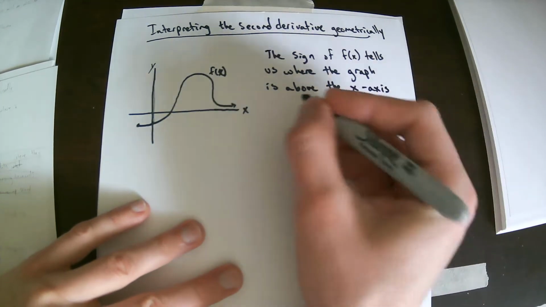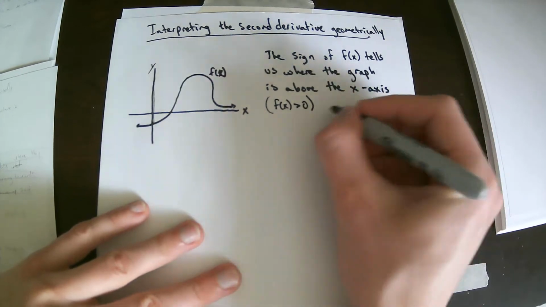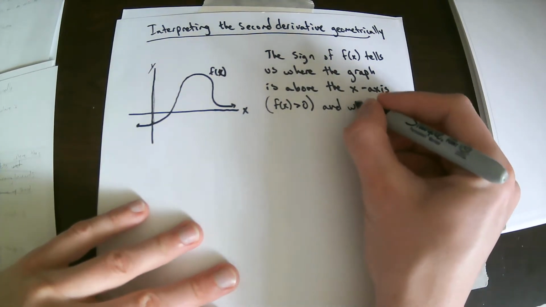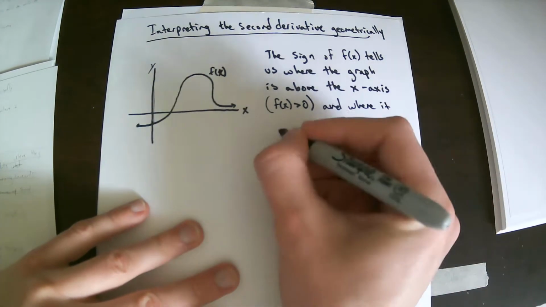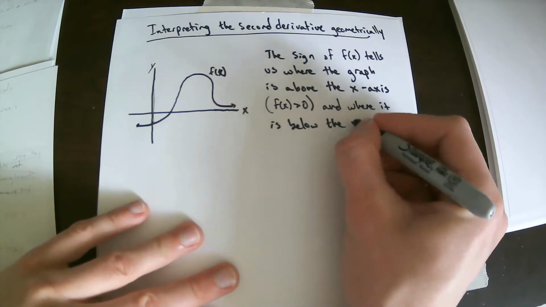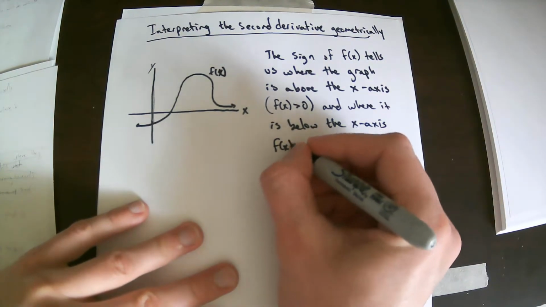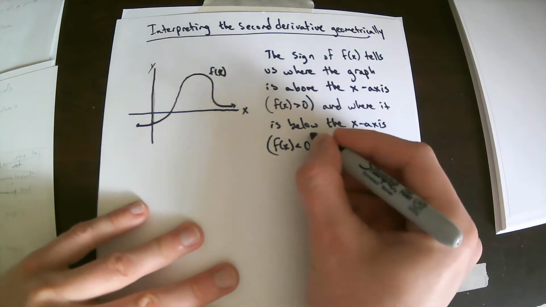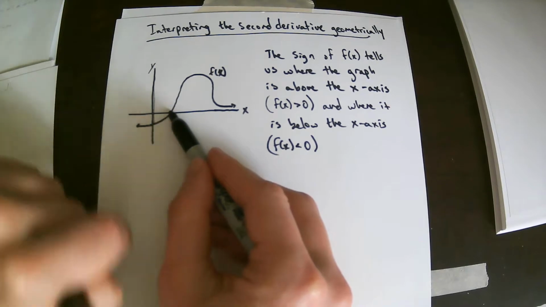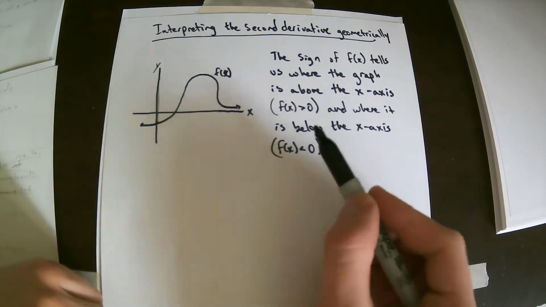This is where f of x is positive, and where the graph is below the x-axis, where f of x is negative. And we can tell that just by looking at the graph: right here and beyond to the left it's negative, and from here to the right it's positive.